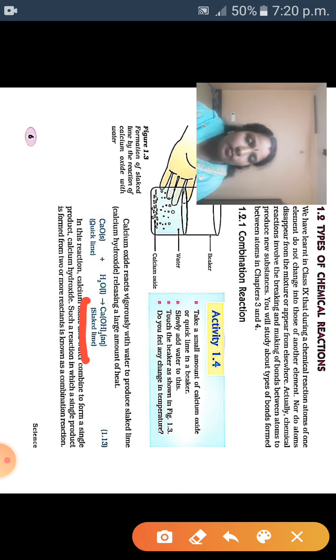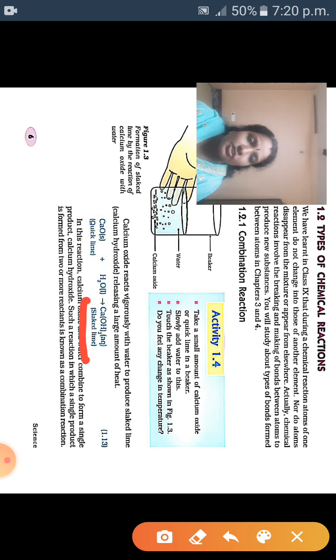In this reaction, calcium oxide reacts with water to form calcium hydroxide, or slaked lime, and also releases some heat.